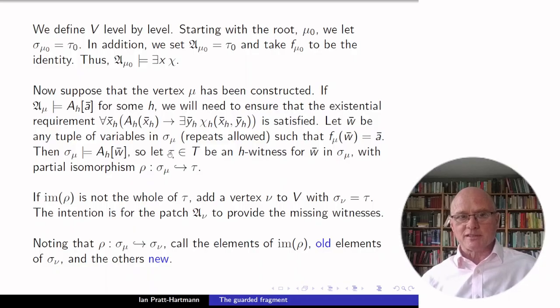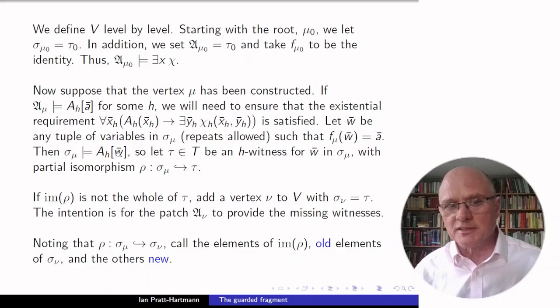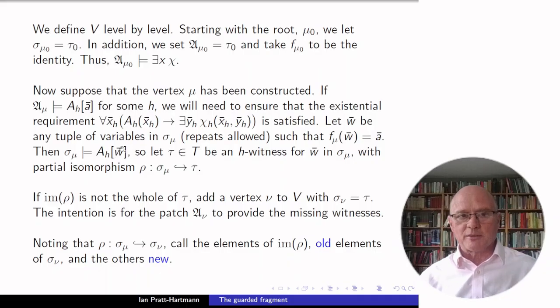So we can choose a witness, tor. And we know that we've got a partial isomorphism rho from sigma mu to tor, such that the domain of this partial isomorphism includes everything in all the variables W bar.